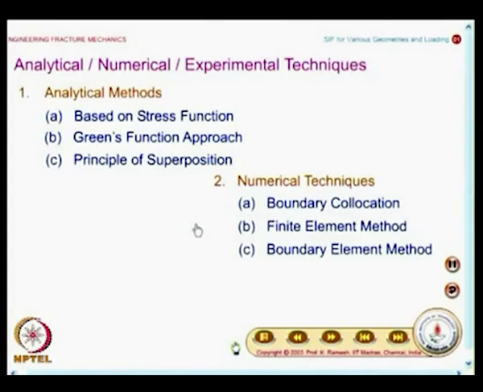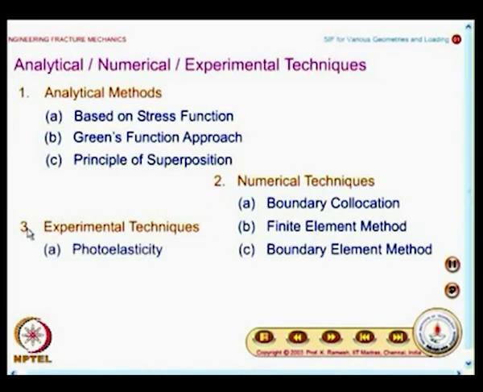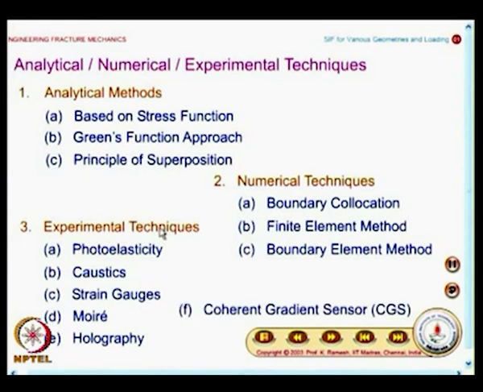And as I mentioned earlier, experimental techniques have contributed greatly to the development of fracture mechanics, and we have amply seen the role of photoelasticity. At times I have also mentioned the method of caustics. When we discuss the plane stress situation, in a normal plane stress situation the lateral contractions would not be significant, but when you have a crack, in the near vicinity of the crack you would have a dimple formation.